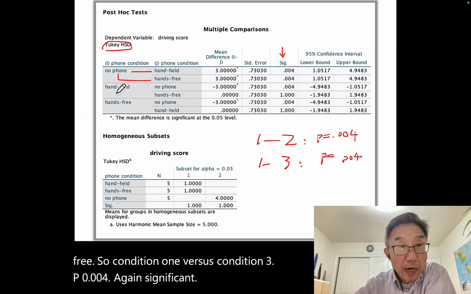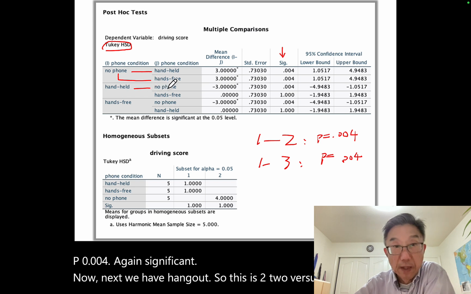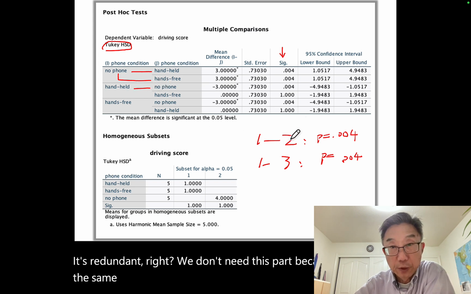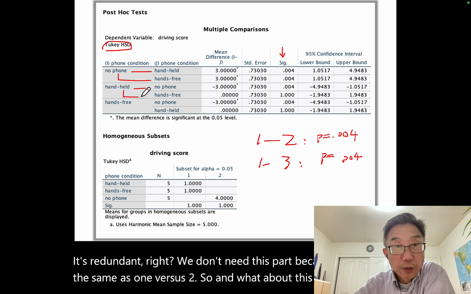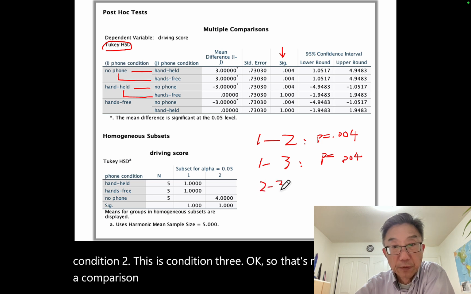Now, next we have handheld. So this is 2 versus 1. It's redundant, right? We don't need this part because 2 versus 1 is the same as 1 versus 2. And what about this one? This is condition 2 versus condition 3. Okay, so that's new. We needed a comparison between condition 2 and condition 3.